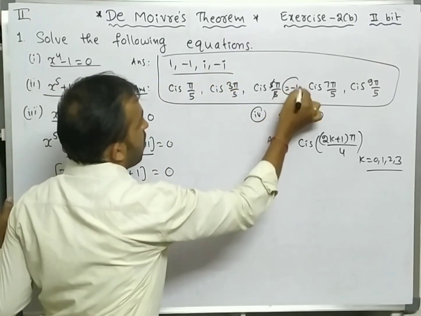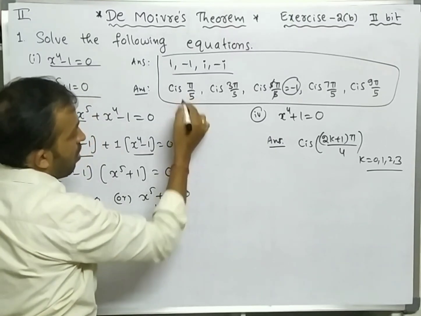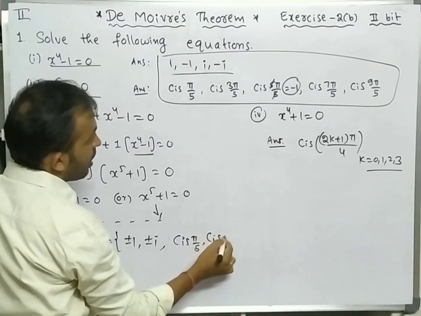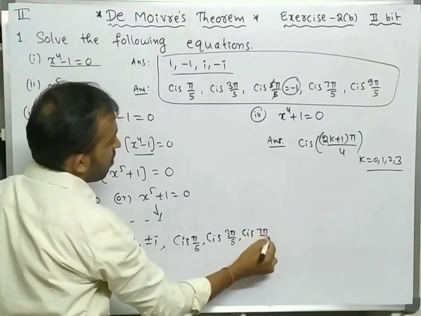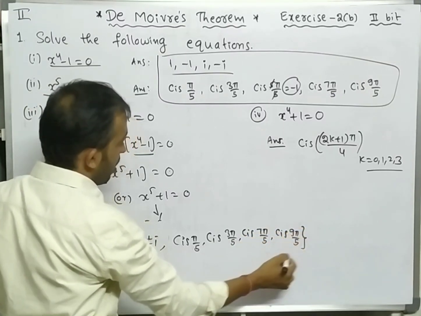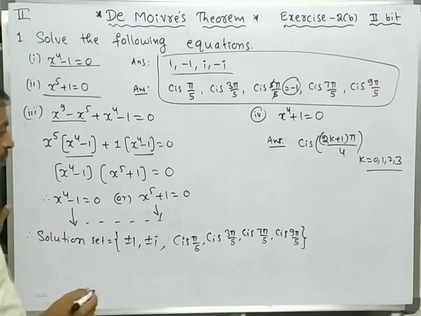Here minus 1 is repeated, so write it one time only. Next cis pi by 5, cis 3 pi by 5, cis 7 pi by 5, cis 9 pi by 5. So these are the solutions of this problem.